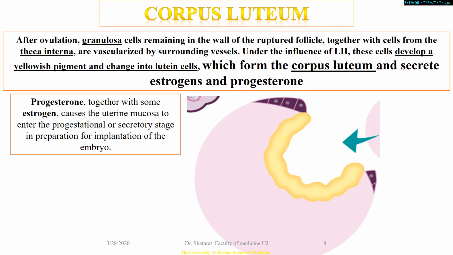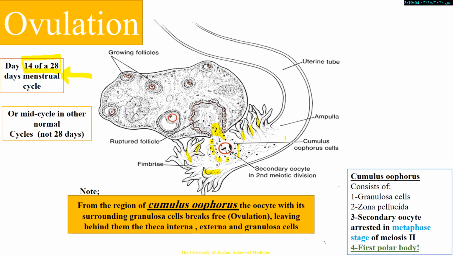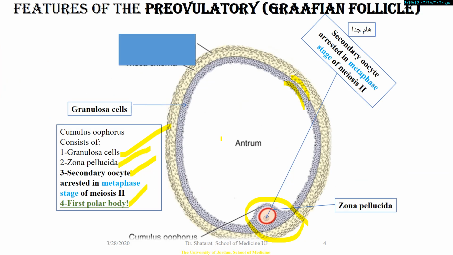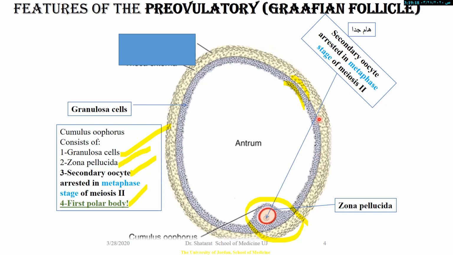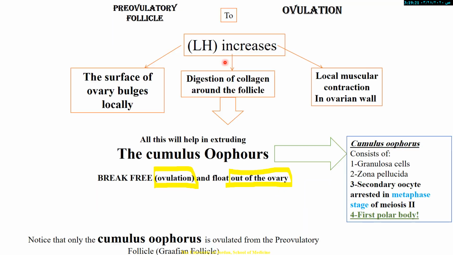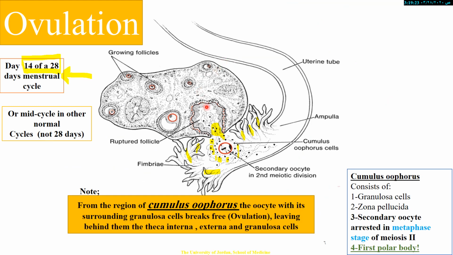Now, as I told you, from the Graafian follicle, only the cumulus oophorus has been ovulated. If you go back, only this part has been ovulated, and it's interesting to talk about what has been left. What has been left here is granulosa cells, theca interna, theca externa.